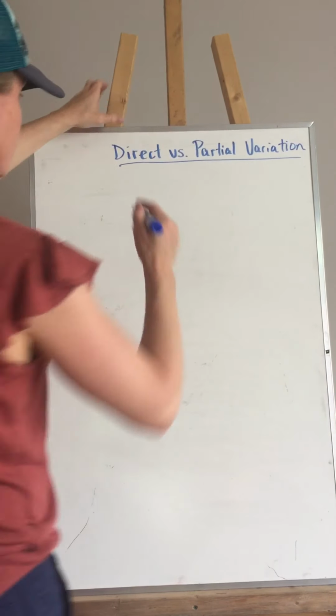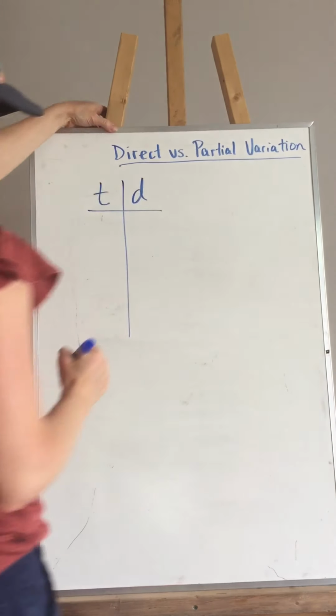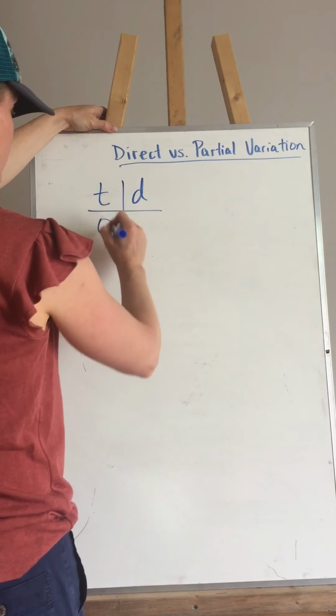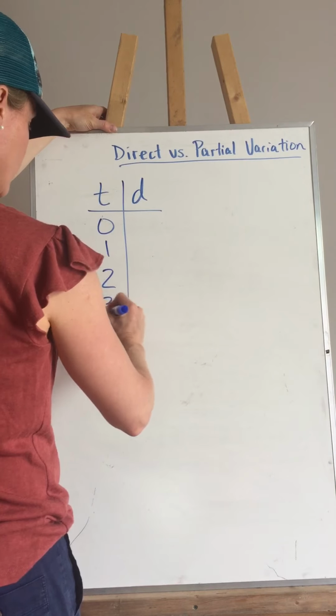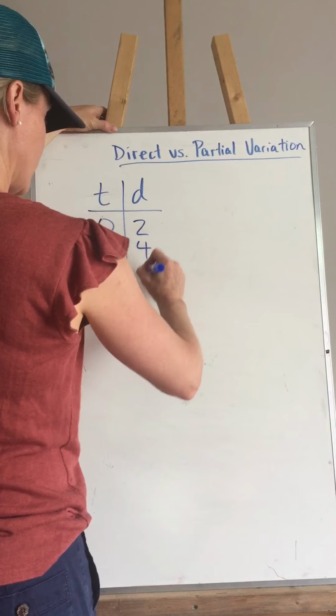Okay, so let's say again, our table is time versus distance. So at time 0, and let's say we're going up by 1 hour, and this is going up by 2.